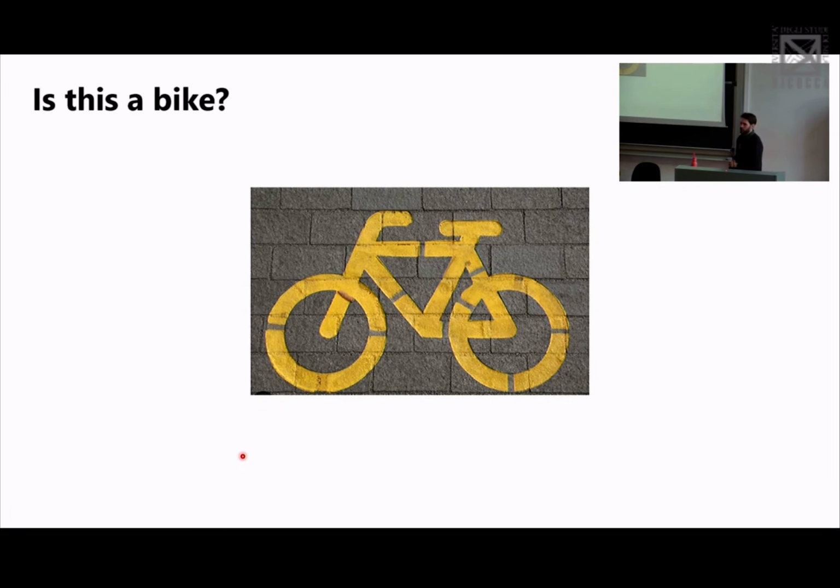We also get to a very different kind of question: is this one a bike? And the answer, by the way, depends on your task, because this probably is a road sign. So if you are building an autonomous driving system, that's a sign representing a bike. That's not the object bicycle, but it's representing the bike.